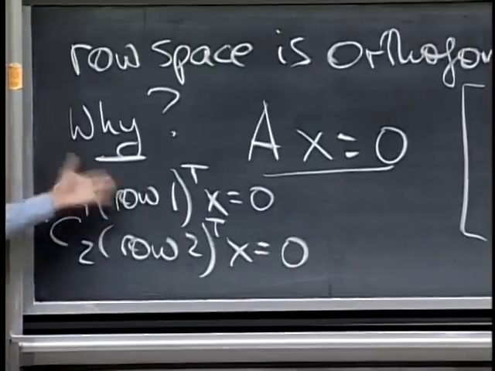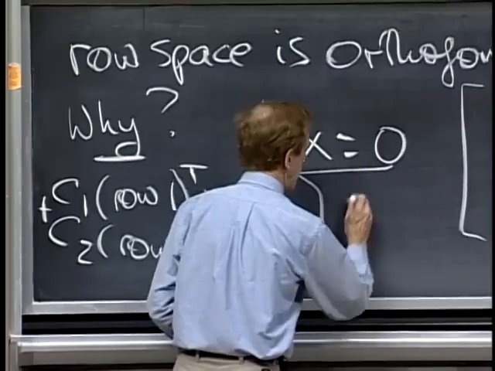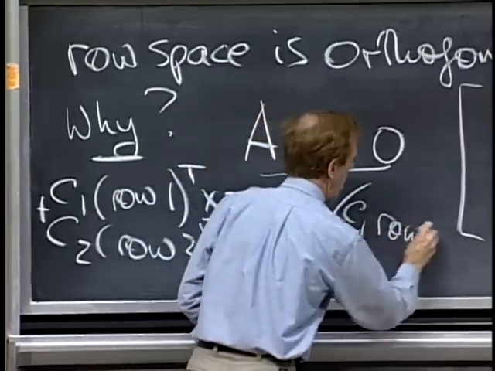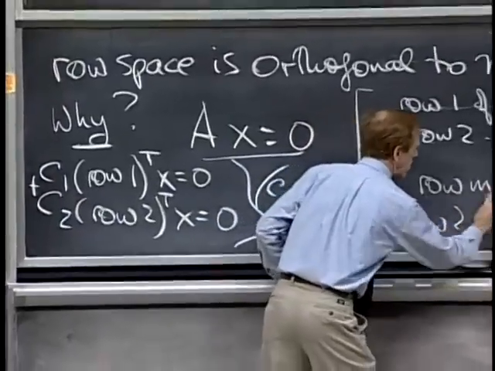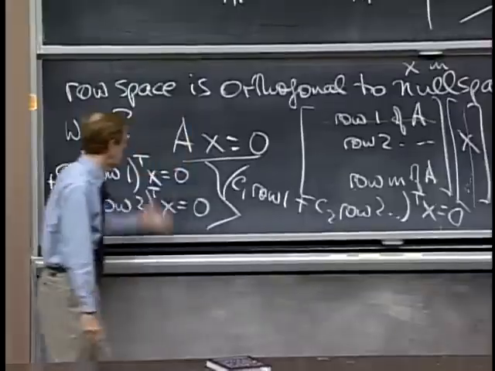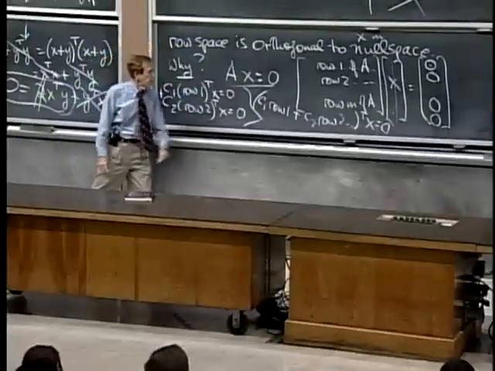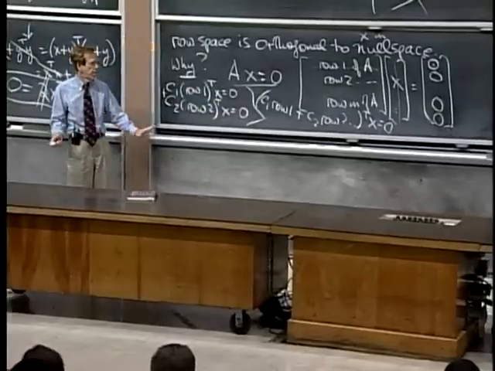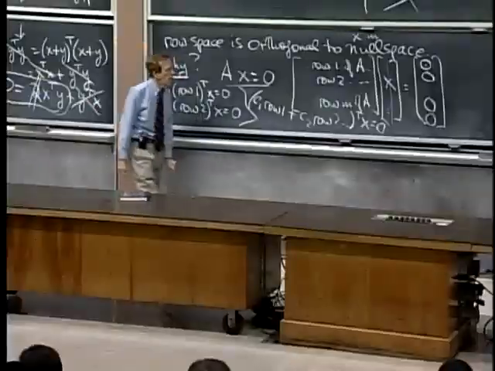So I have c1 row 1 plus c2 row 2 and so on, in big parentheses, transpose x is 0. Right? I just added the zeros and got 0, following the rules. No big deal. The whole point was right there sitting in that. Okay.